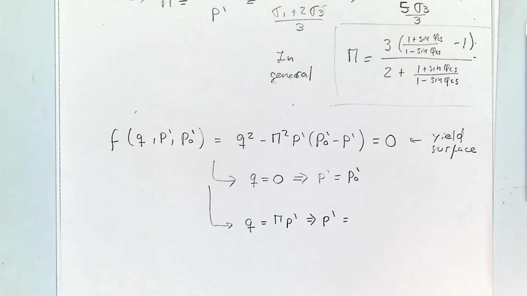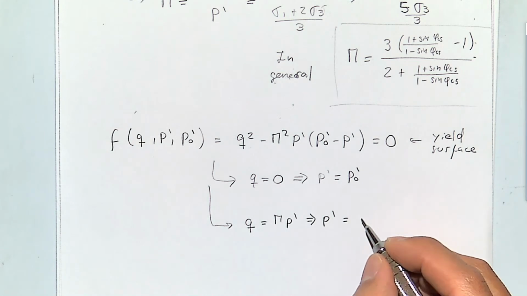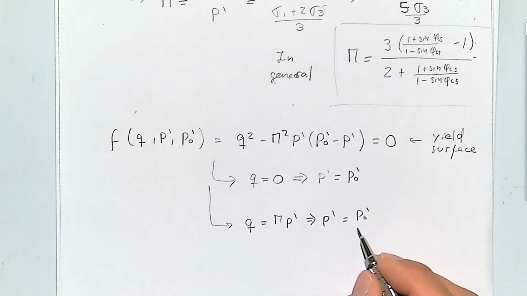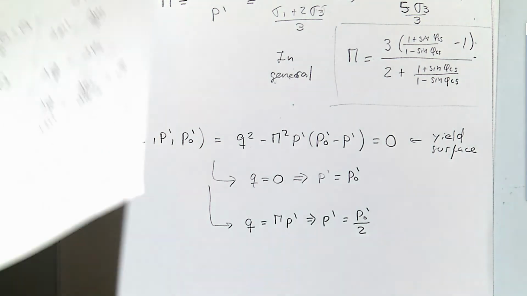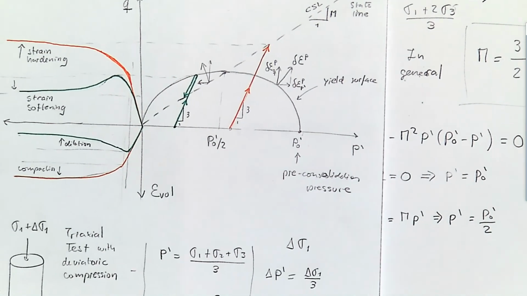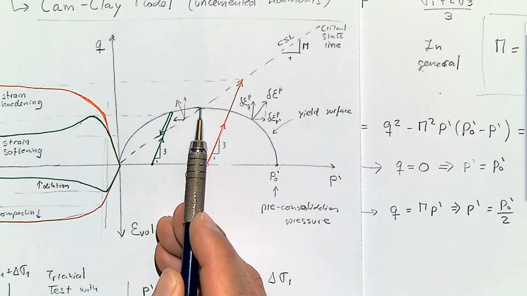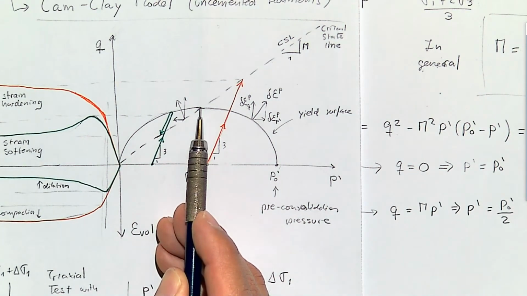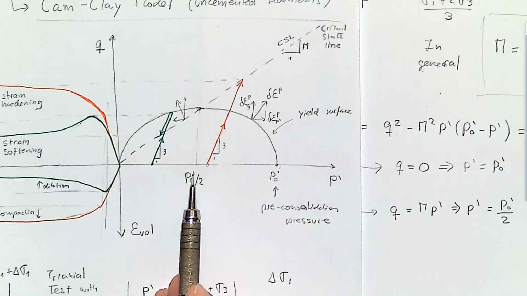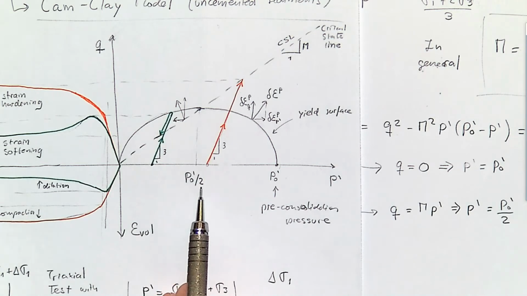You can check the equations, okay? But you will see that in that case the value of p prime is going to be the preconsolidation pressure divided by 2. That means that when you are exactly at the critical state line, when this surface meets that point, that's the center of the ellipse, and that's p naught prime divided by 2.